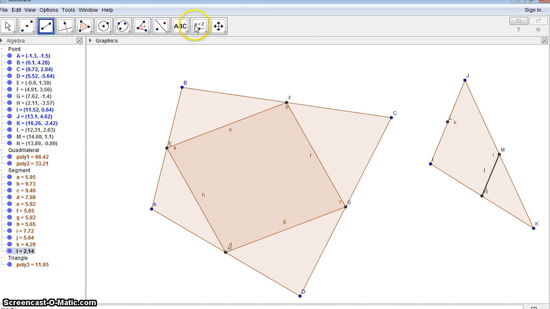The parallelness can be applied in our quadrilateral.